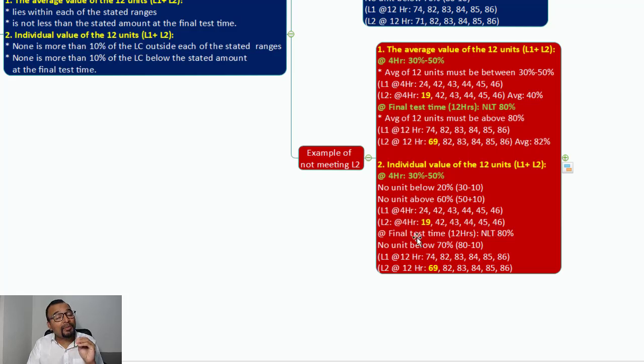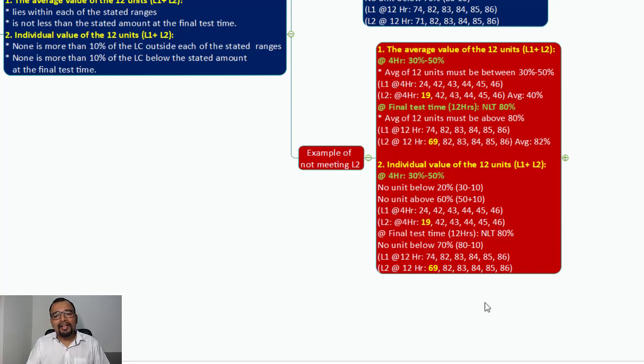This is the data of the L2 stage. So the unit number 1 studied at L2 stage has actually found the release below 20%, and hence I can say that the individual value requirement at the L2 stage for fourth hour is not met.